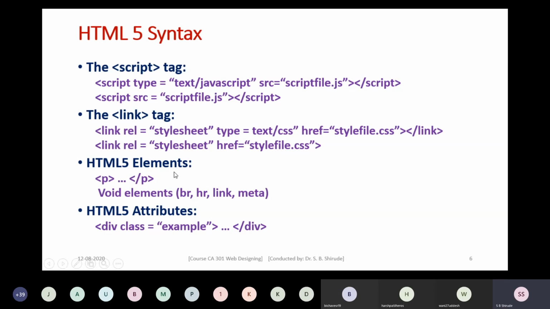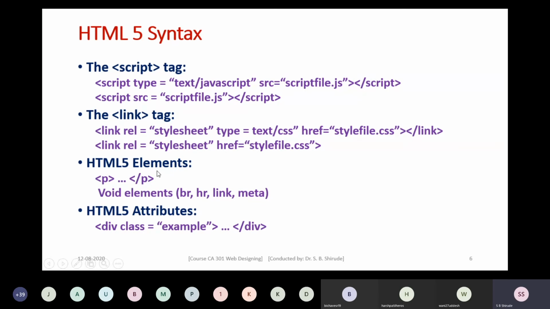Then in HTML5, how do you make use of elements? To make use of elements, you specify the start tag, which is enclosed in angular brackets, then you specify the content of the element, and then close that element by putting the name of the element with a forward slash. This is the way by which we can make use of an element.